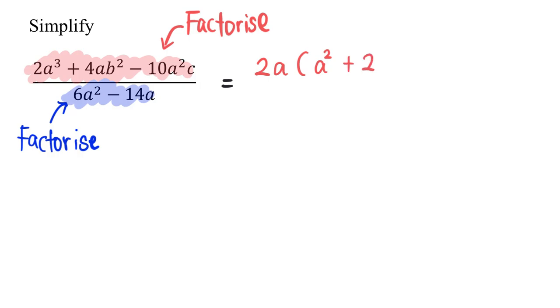A has taken out, left with b power 2. 10 divided by 2 would be 5. I've taken out 1a as a common factor, I'm left with 1a inside, and there's a c as well.